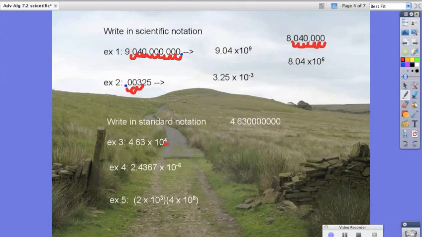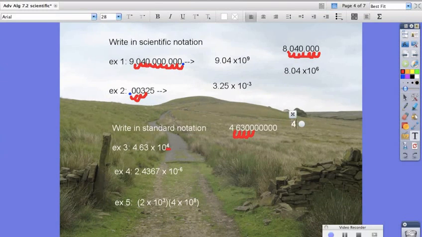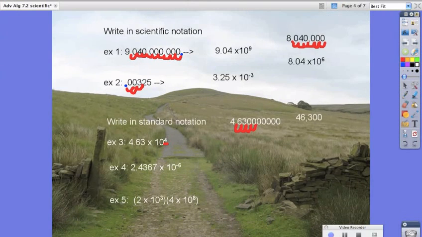So it says move the decimal point 4 places to the right. 1, 2, 3, 4. So your final answer would be 4, 6, 3 with 2 extra zeros. So that's standard notation for example 3.